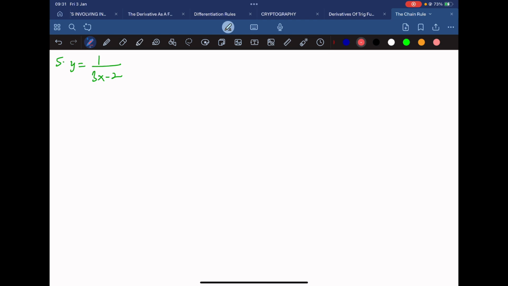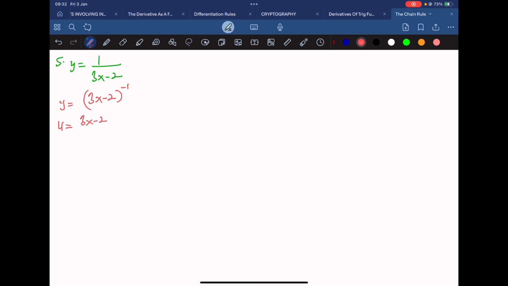So we can rewrite this as y equal to (3x minus 2) to the negative 1. Note that 1 over 3x minus 2 is the same as writing the reciprocal of it, which is just this. Now, using what we've been doing so far, we will let what is inside the parenthesis be our u.